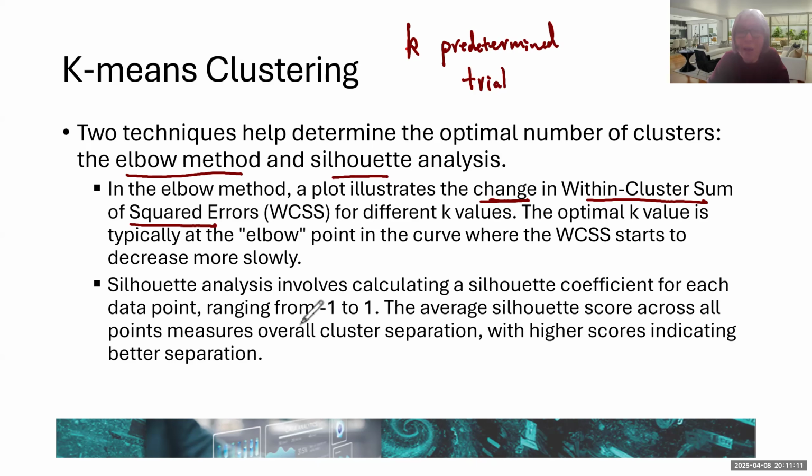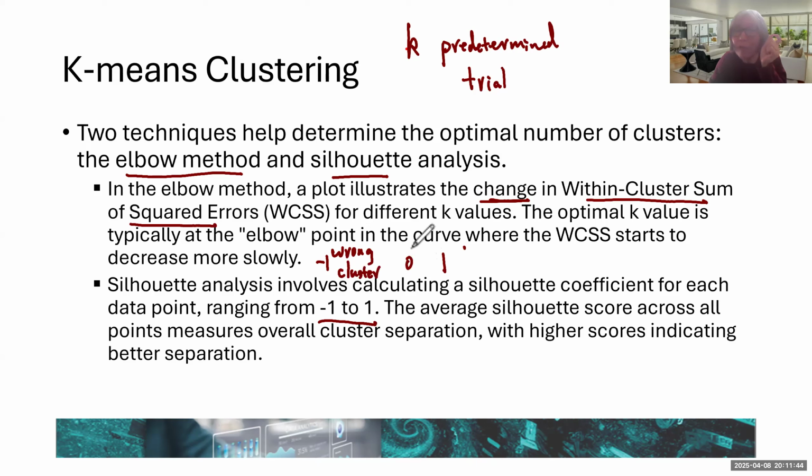And the silhouette value basically calculates the silhouette coefficient for each data point, and it ranges between -1 and 1. If it's close to 1, that means the similarity is very close, and so it is in the specified cluster. If it's -1, then definitely it's in the wrong cluster.